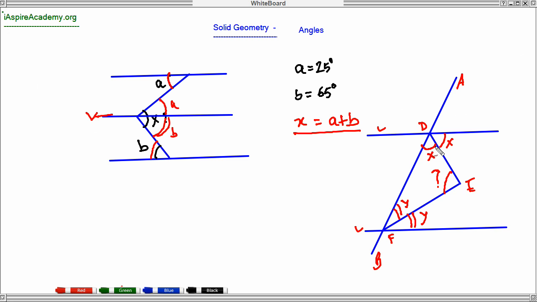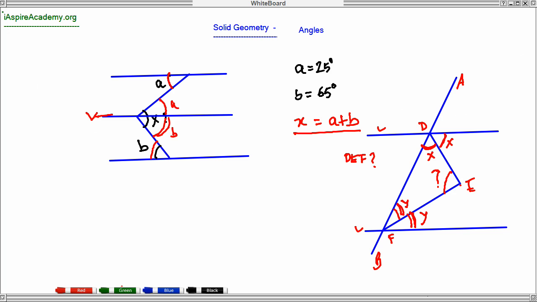So we have DE, which bisects the angle, so this angle and this angle are the same. That's called a bisector of an angle. In the same way, we have FE, which also bisects this angle, so these two angles are again the same, Y and Y. What we have to find out is angle DEF.